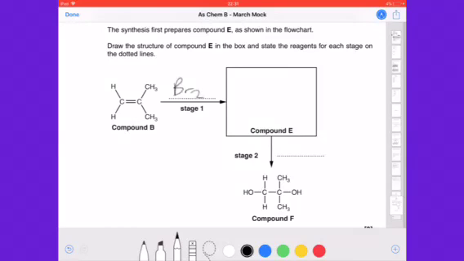So you end up with your Br here, and 2 carbon chains, and a Br over here. And then when you react that with sodium hydroxide, that replaces the bromines with the OH group to form the alcohol.